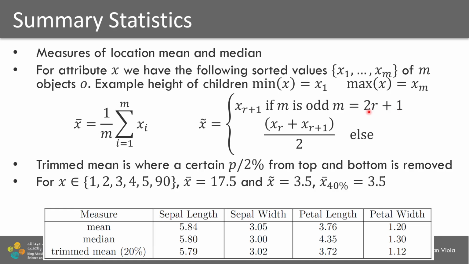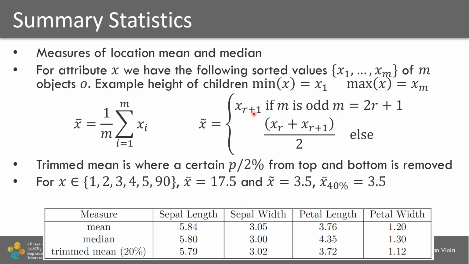So it's an odd number, and twice r is almost the full m, but plus 1 because it's odd. And so we know what r will be. r will become (m minus 1) divided by 2.